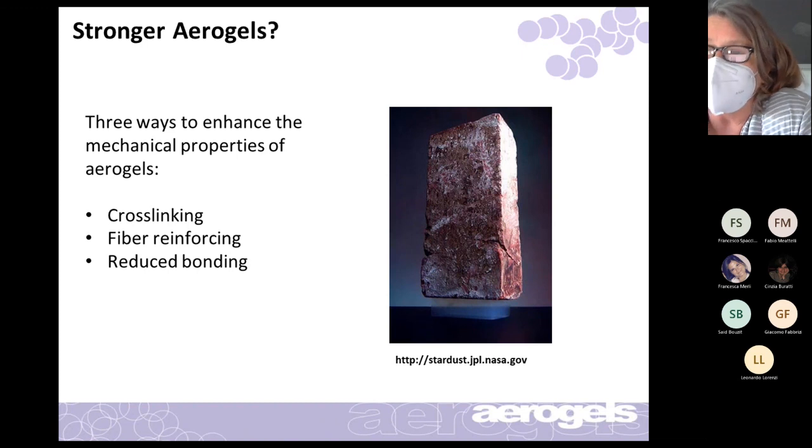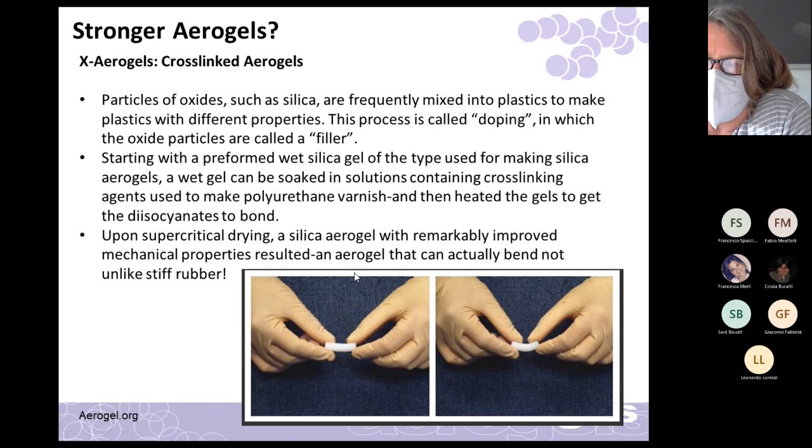So the cross-linking, and there's a lot of work in this area, they're called X aerogels. And this was developed out of NASA, the space agency in the United States, and some people at University of Missouri.